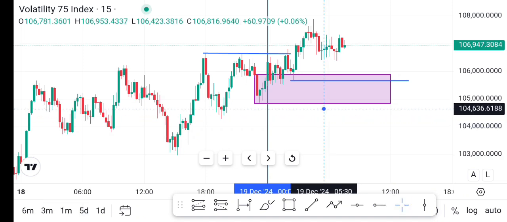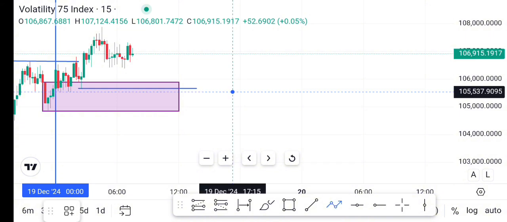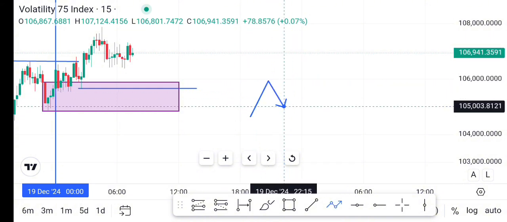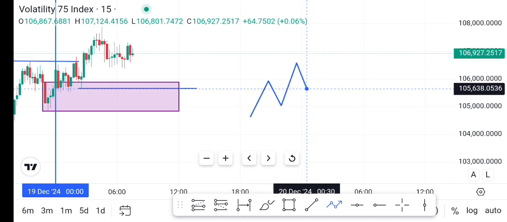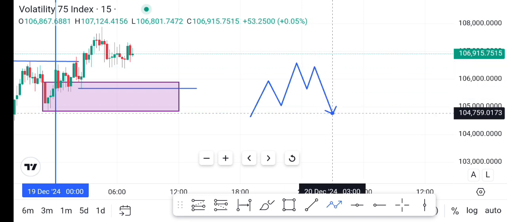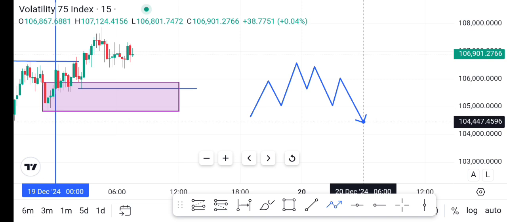Because we needed something like this after the day opening. After the day opening, it comes up, comes down, comes up like that, comes down. Are you getting the point? This is what we were supposed to be having.